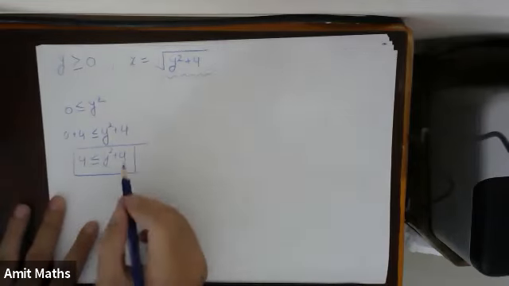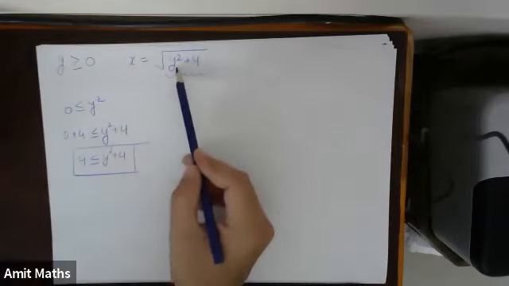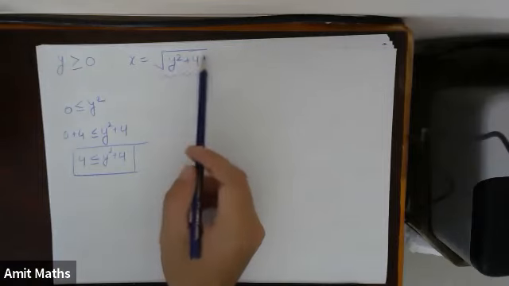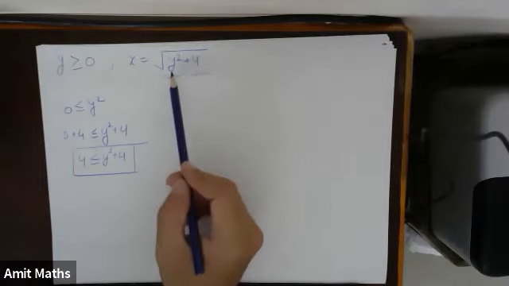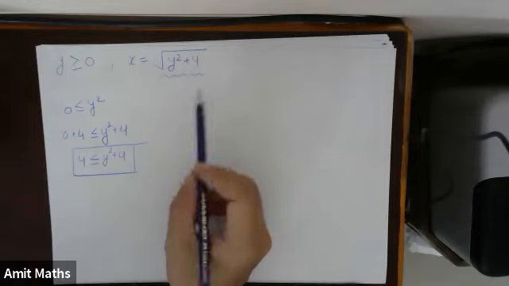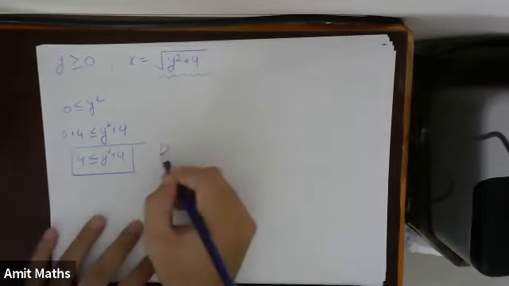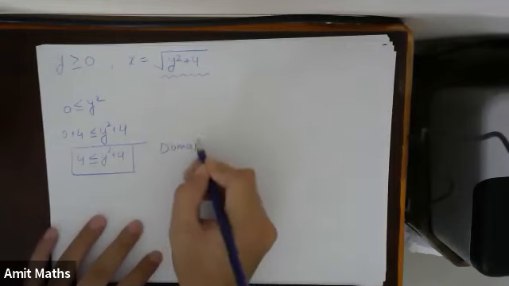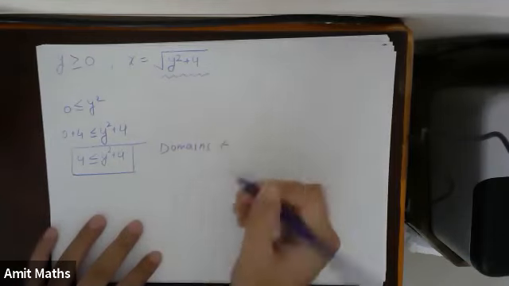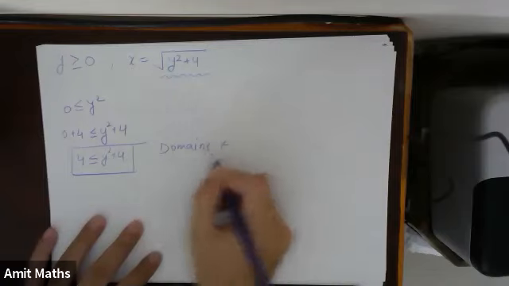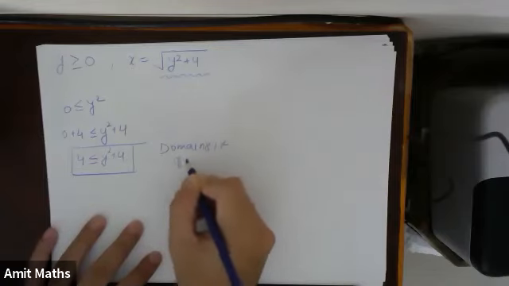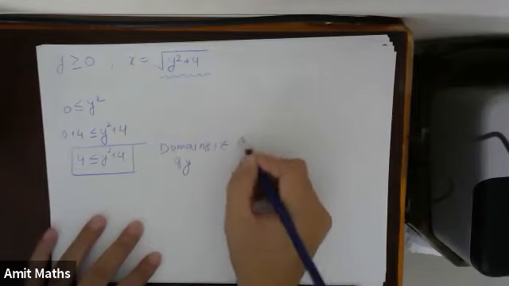That means for all values of y, no matter what y I substitute, it will give me a positive value inside the root. So for this part, the domain of y becomes real numbers.